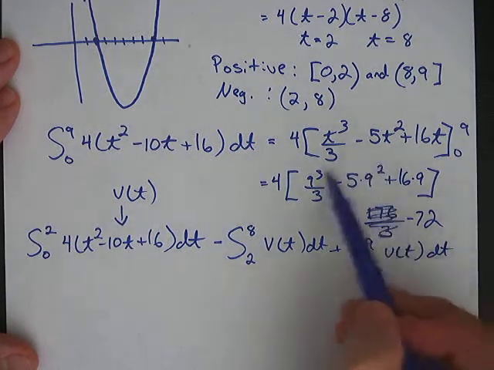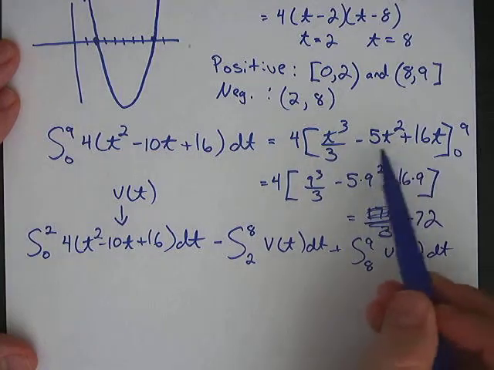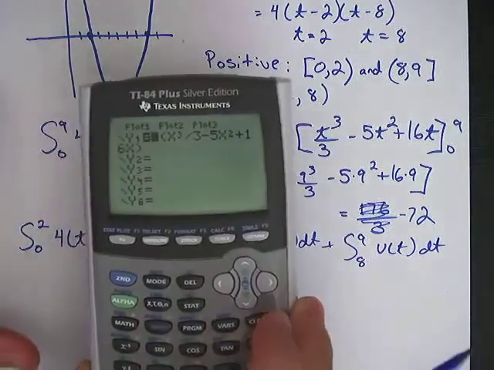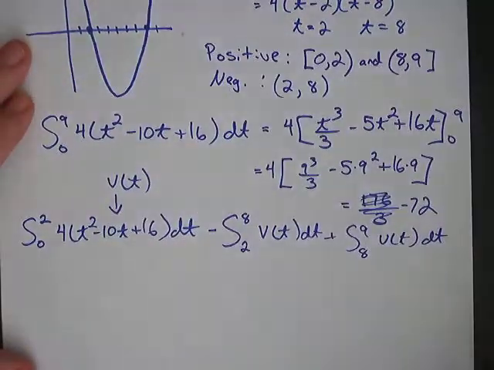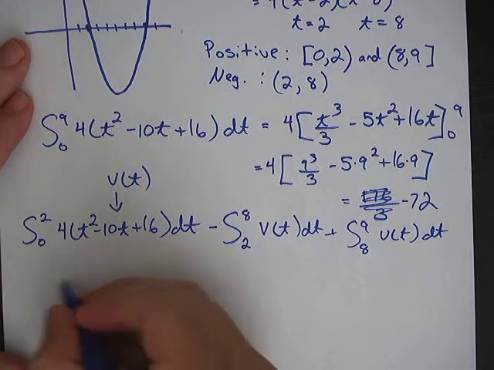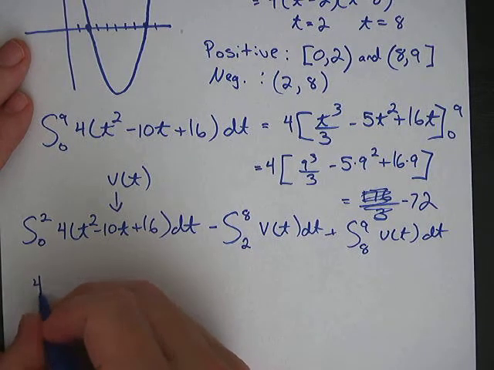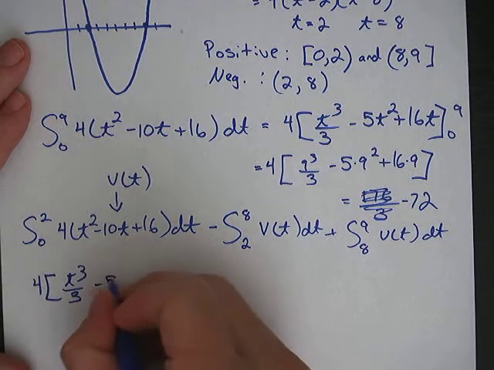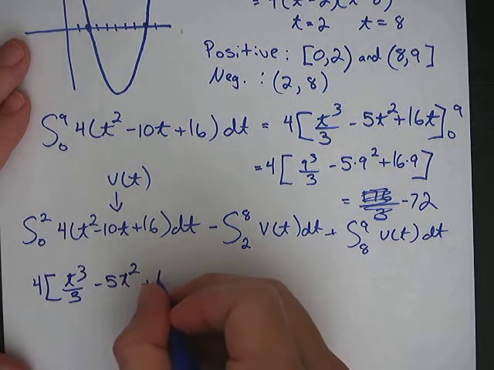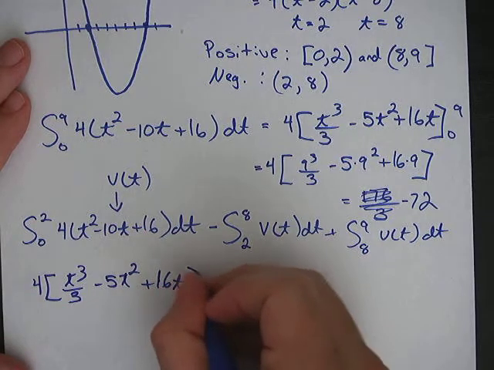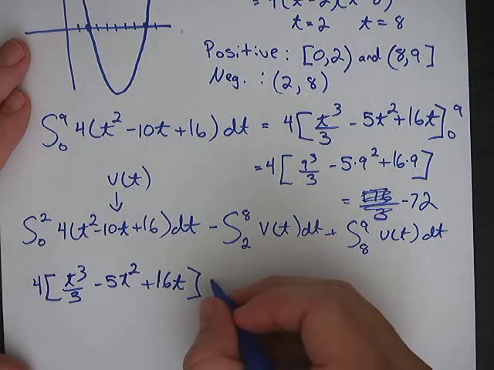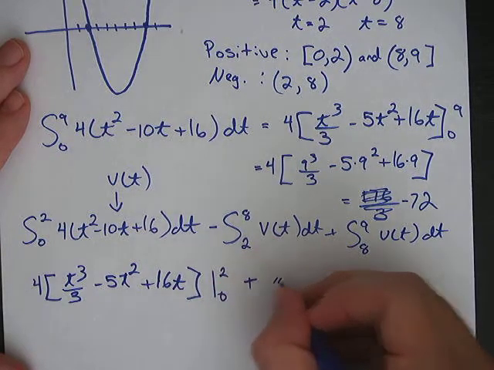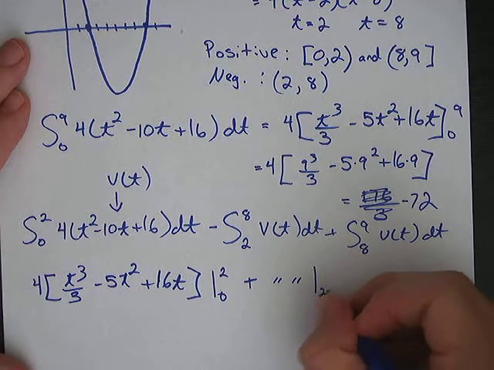Okay, we already know the answer. We did it in the previous problem. It's this stuff right here. And we've already typed it in. Hopefully you've already typed it in your calculator in y equals like we did earlier. So we're going to save a lot of time here. Our answer is, again, 4 times t cubed over 3 minus 5t squared plus 16t, and we're going to plug in our limits 3 different times, from 0 to 2, and then same thing from 2 to 8.